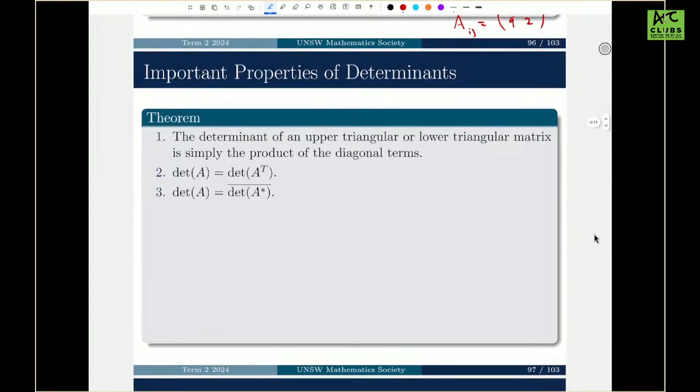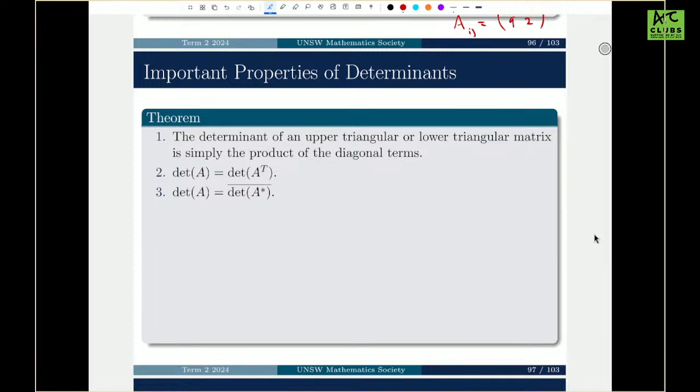So here are some important properties of the determinant. These are fantastic properties. The determinant of an upper triangular or lower triangular matrix is simply the product of the diagonal terms. That's pretty riveting stuff. It's very nice. Additionally, the determinant of a matrix is the same as the determinant of the transpose, so the determinant is invariant under transposition.